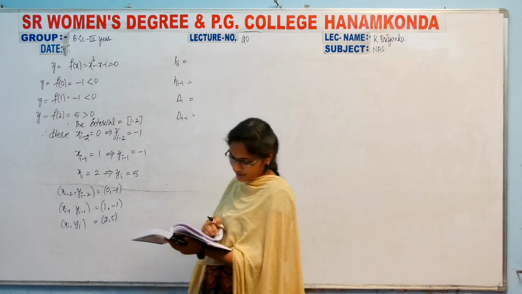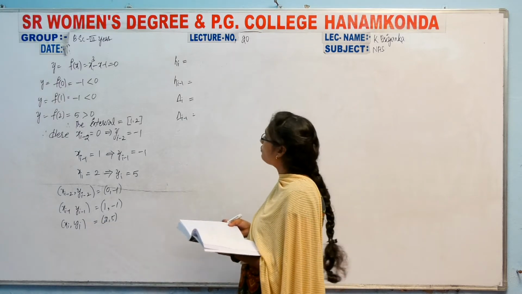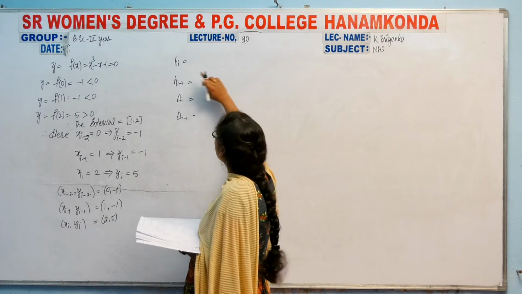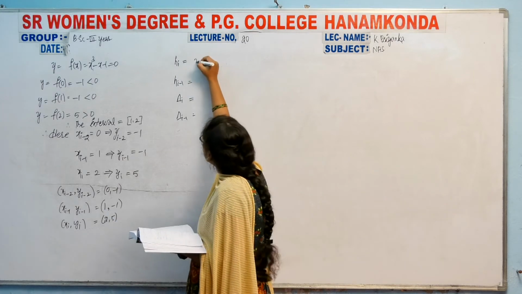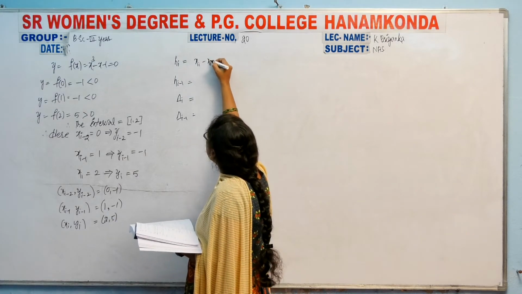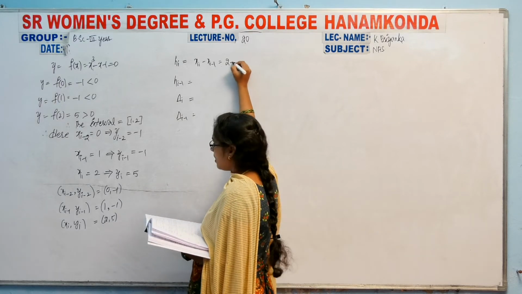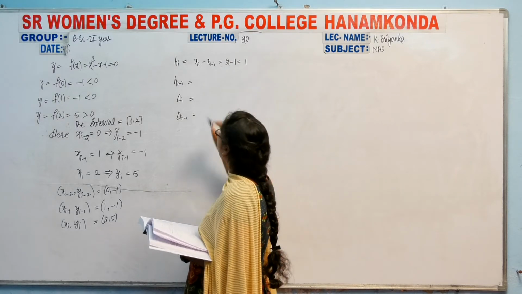Now first of all, what will be the value of hi? You have to remember this one. Here what I have, hi, that means xi minus xi minus 1. What is xi? 2. Minus 1, that is 1.